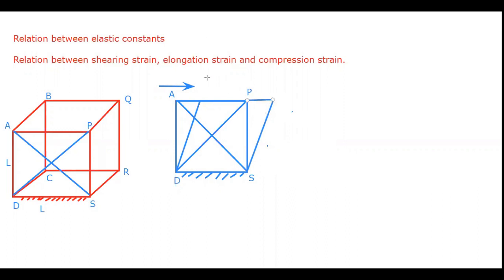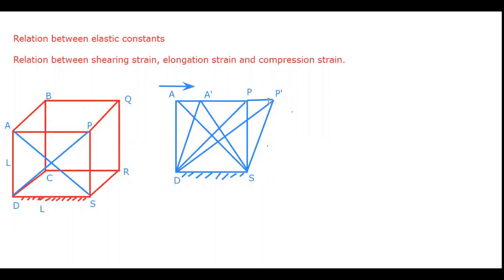So the diagonals now change from AS to A dash S, and the other diagonal DP changes to DP dash.